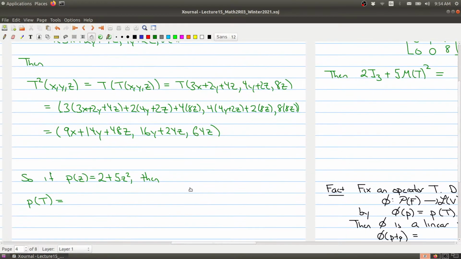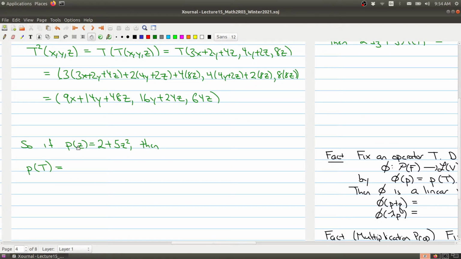Okay, so now let's go back again to this particular polynomial. Say we were looking at the polynomial 2 plus 5z. Then when we stick this operator into this function, by definition, we get 2 times the identity operator plus 5 times T squared.